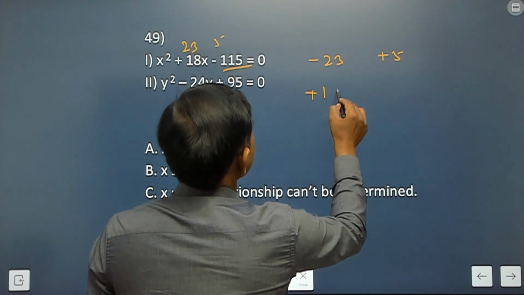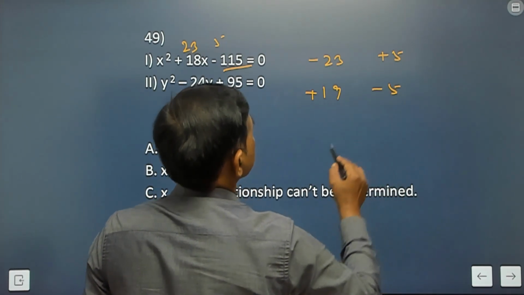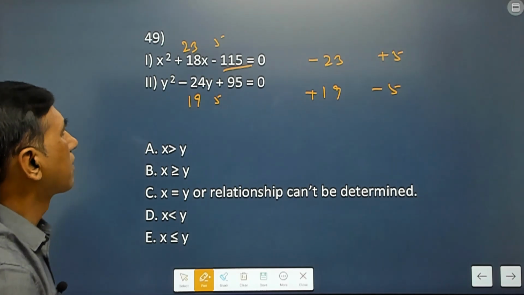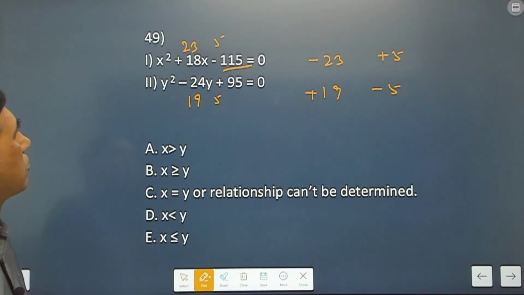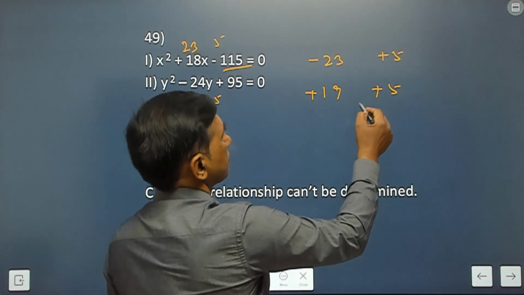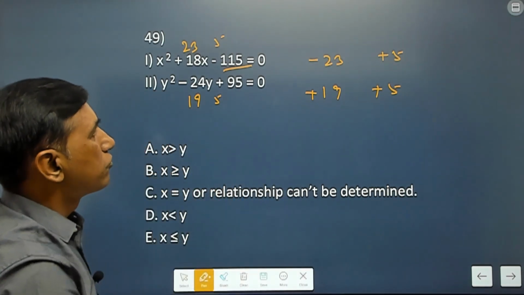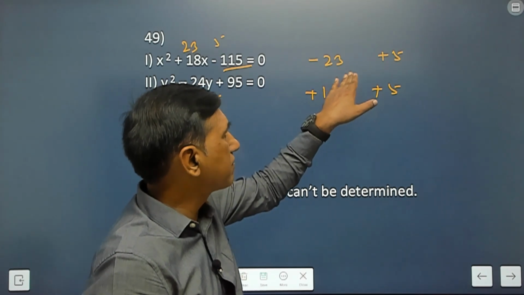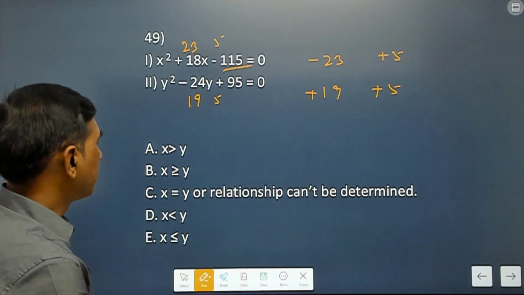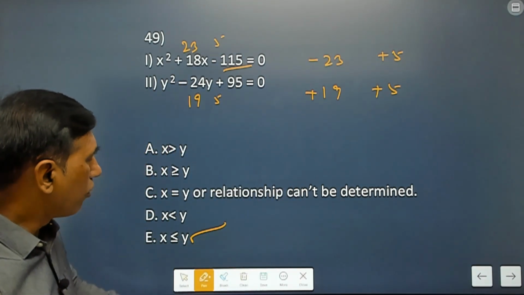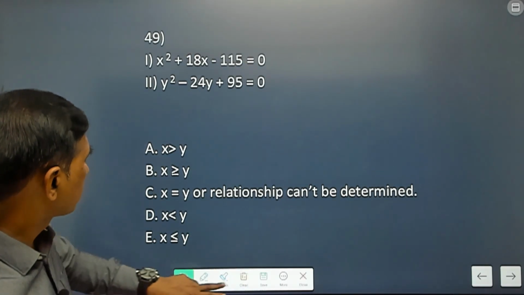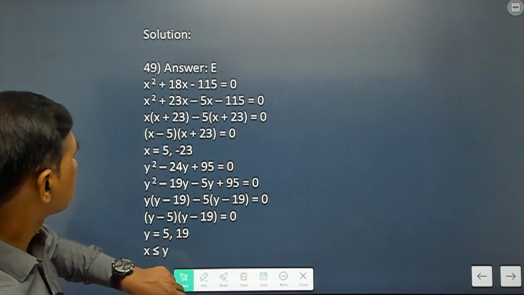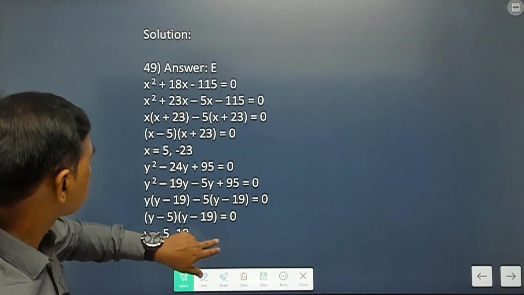So this is plus 19 and plus 5. So if it is 19, it is greater than, if it is 5, it is greater than minus 23 and equal to plus 5. So y is greater than or equal to x.